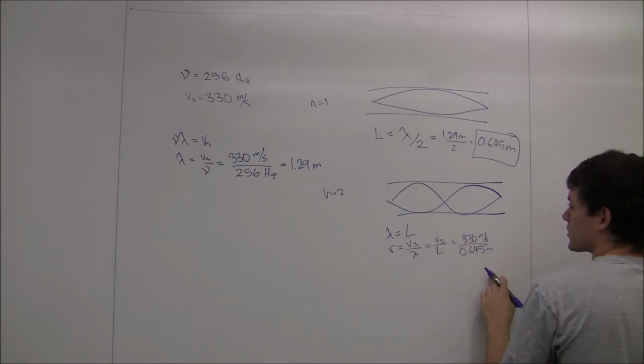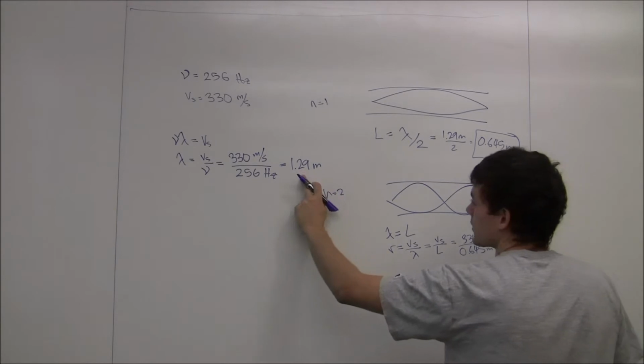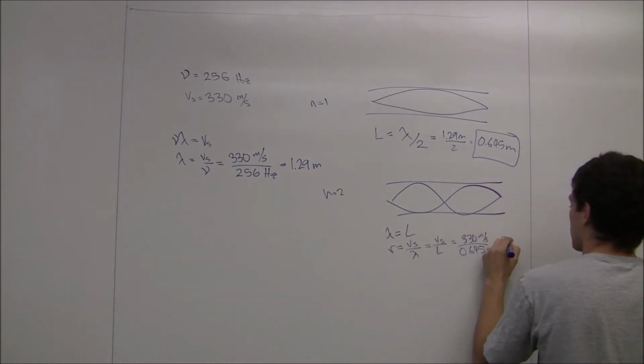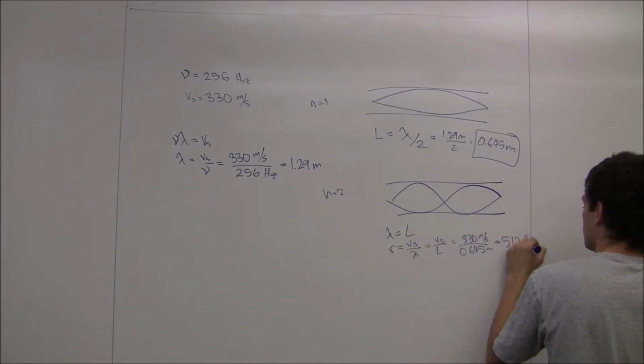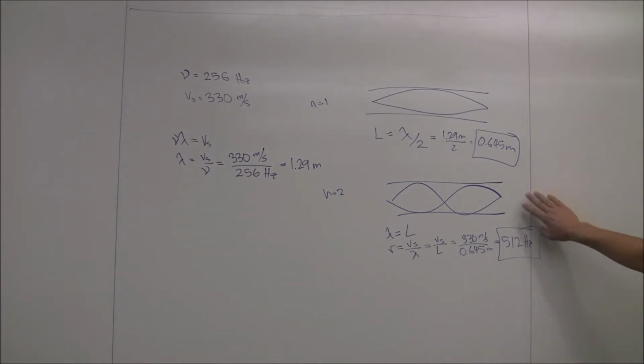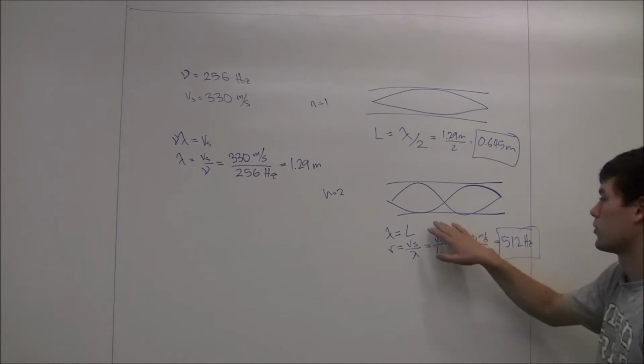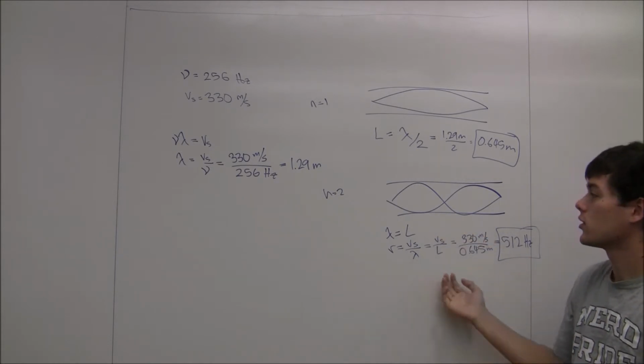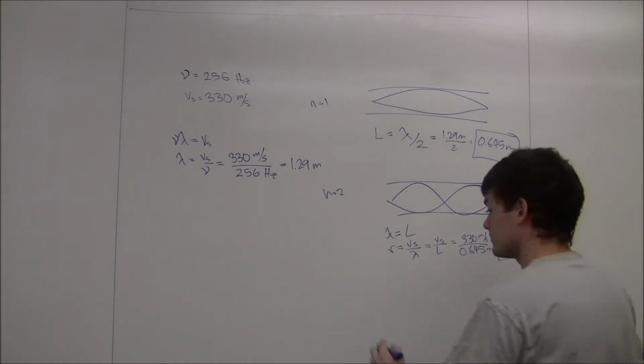But remember, 0.645 is just 1.29 divided by 2, so we end up just getting 512 hertz. And this relationship is going to hold for all open tubes. If you take the first harmonic, you're just going to double the frequency.